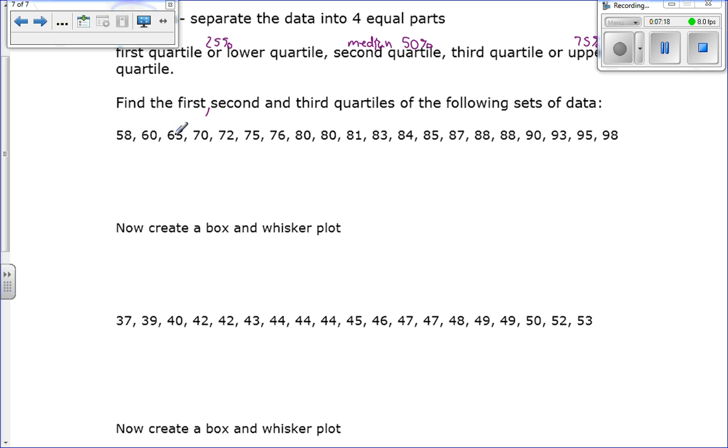So 1, 2, 3, 4, 5, 6, 7, 8, 9, 10, 11, 12, 13, 14, 15, 16, 17, 18, 19, 20. I have 20 pieces of data. So I need to figure out where I am 10 places in. So 1, 2, 3, 4, 5, 6, 7, 8, 9, 10. Okay, that's the bottom here.